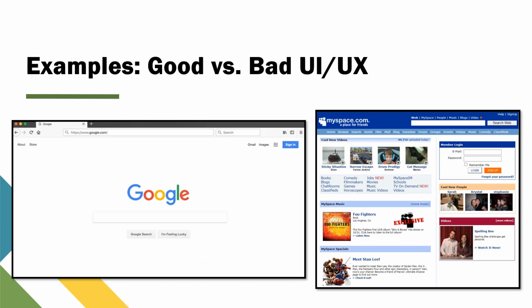As opposed to MySpace, from years ago, which was overwhelming, with overwhelming customization, inconsistent layouts, and it was really difficult to navigate. The takeaway is that a good UI is going to enhance the user experience, but a poor UI can really destroy a great user experience.